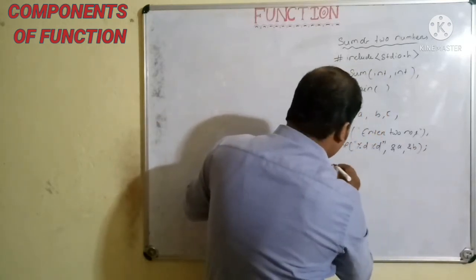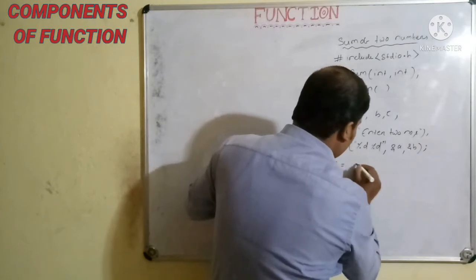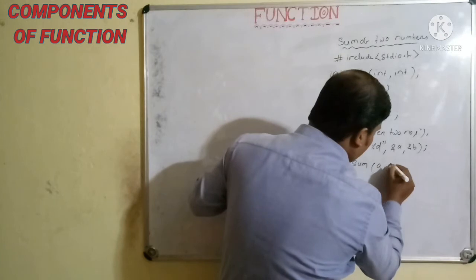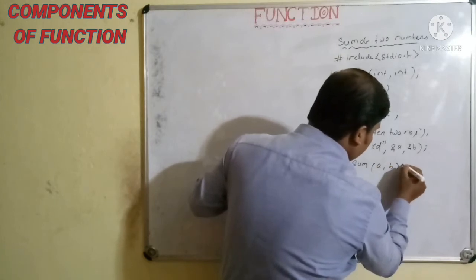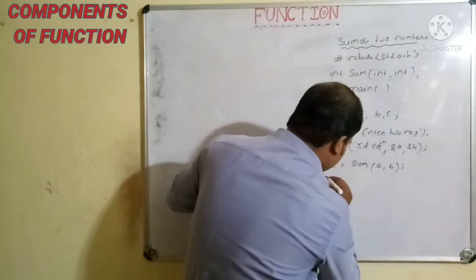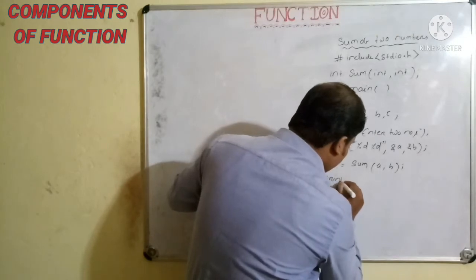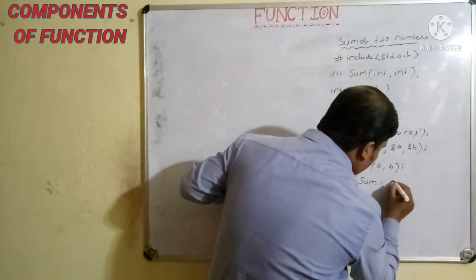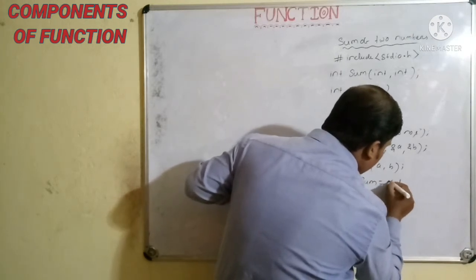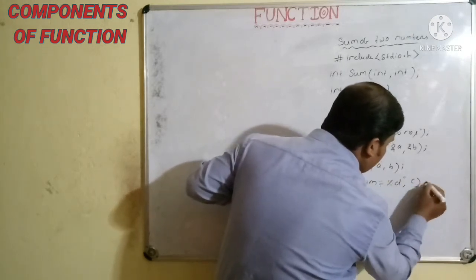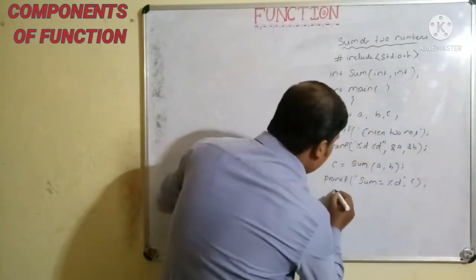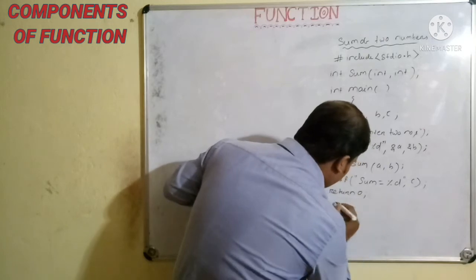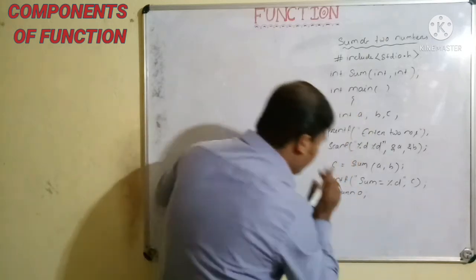Then c = sum(a, b); then printf("sum = %d", c); then return 0. This is the end of this main.